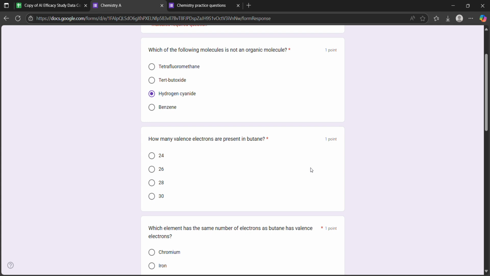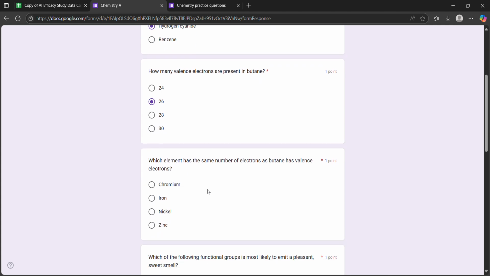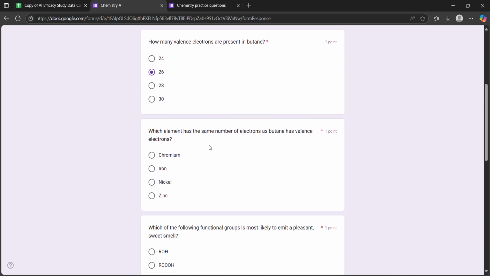So basically, four valence electrons from one carbon. So four carbons will provide 16, and H10. Each hydrogen has only one valence electron. So it will be 16 plus 10, 26. So it is 26.